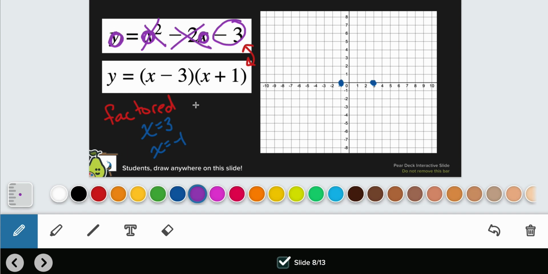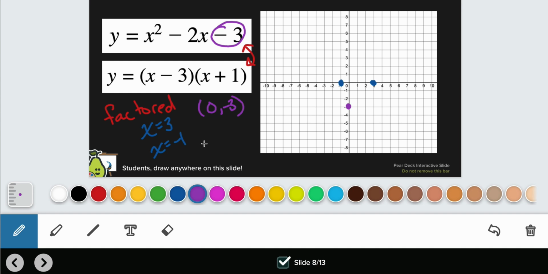So when x equals 0, y equals -3. So I know that this point exists on my graph. Let me just undo all of this. So -3. And I want to put this point on there, 0, -3. That point will go right here.